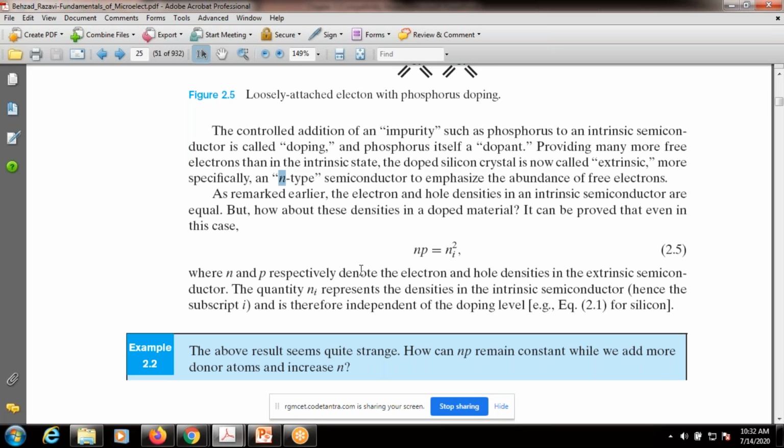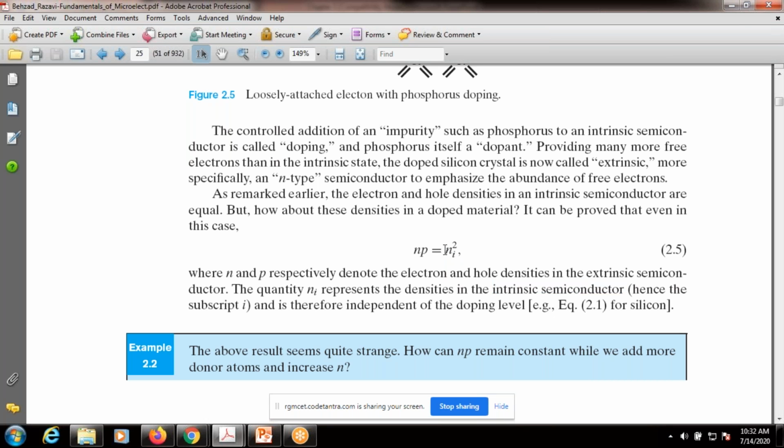Here n and p respectively denote the electron and hole densities in the extrinsic semiconductor, and ni square is the intrinsic carrier concentration. The quantity ni represents the densities in the intrinsic semiconductor.